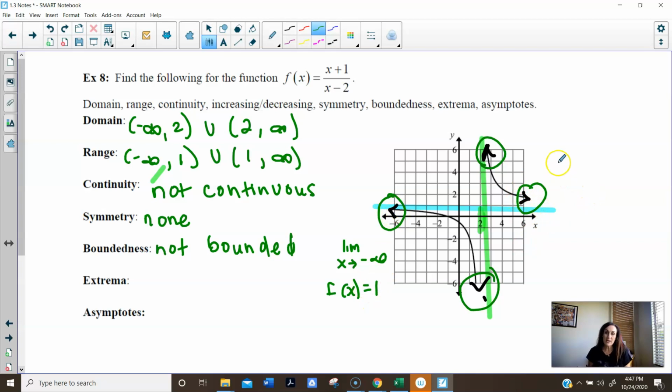Over here, we have the limit as x approaches positive infinity. F of x is also approaching 1. All right, so those are your two extrema. Asymptotes. There's a vertical asymptote at x equals 2, and there's a horizontal asymptote at y equals 1.